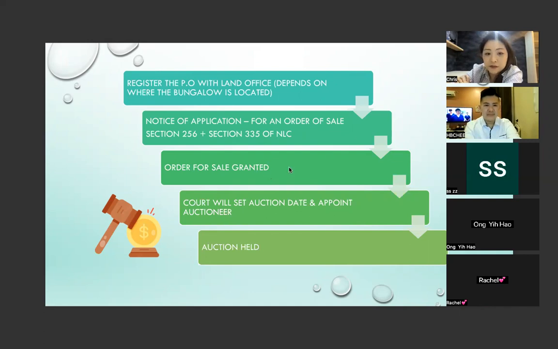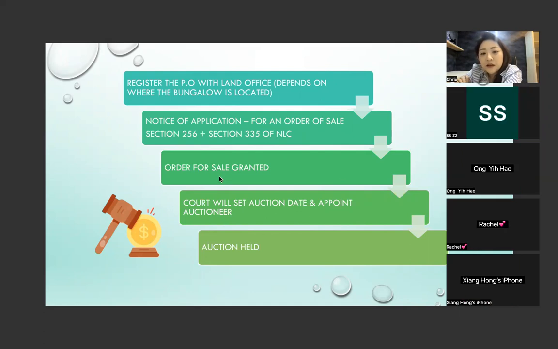After the order is granted, the court will set the auction date and appoint the auctioneer. On the auction date itself, they will hold the auction and determine whether it is successful.